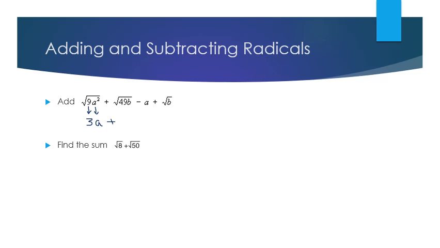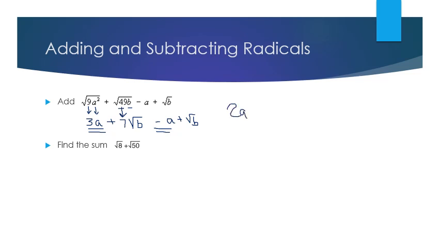I can break up this into 49 and b. I happen to know that the square root of 49 is 7, and there is no more simplification for the square root of b. Minus a plus square root b. So to combine like terms, I do have another a term, so I've got 3a and minus 1a for a total of 2a.